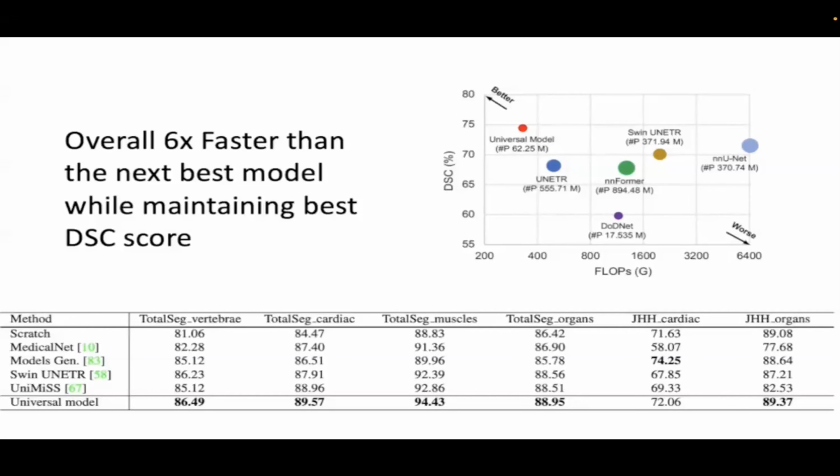The circle size within the graph actually refers to the number of parameters, as well as operations performed and the overall dice. So if you're up in this higher left-hand corner, you're overall more efficient than if you were in the bottom right-hand corner.